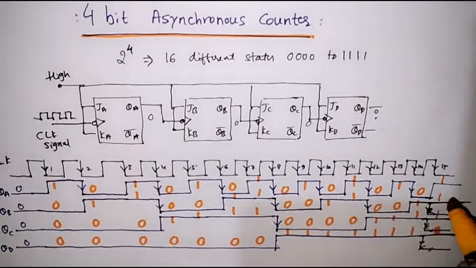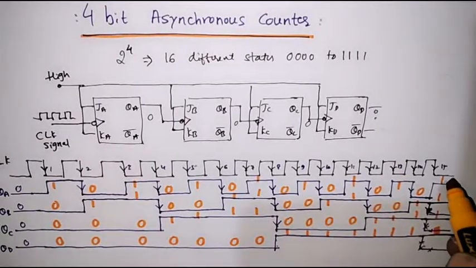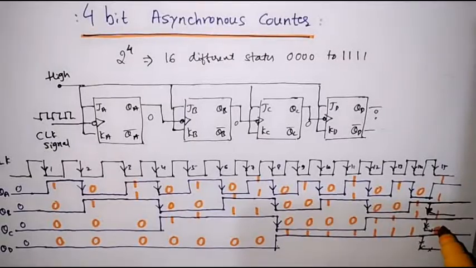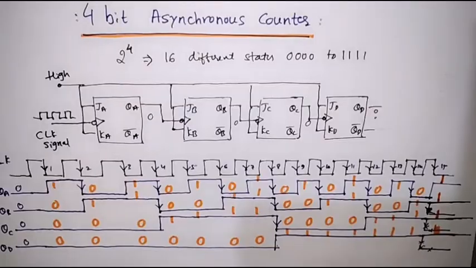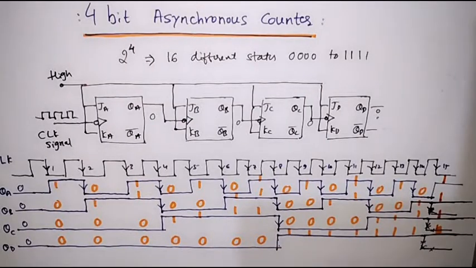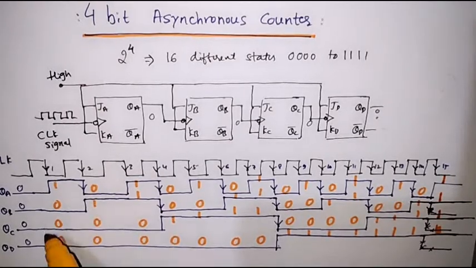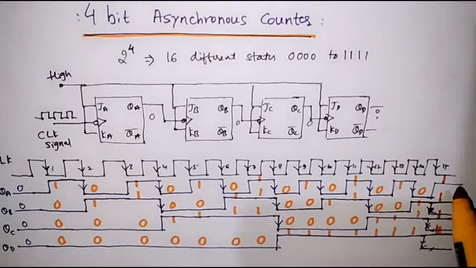Thus, the 4-bit asynchronous counter is capable of counting from 0, 0, 0, 0 to 1, 1, 1, 1. That is total 16 states. Thank you.